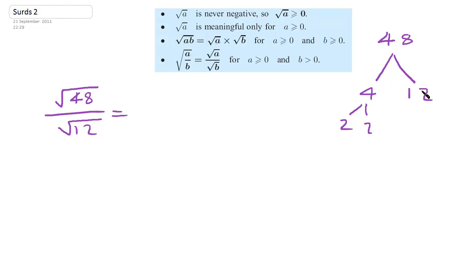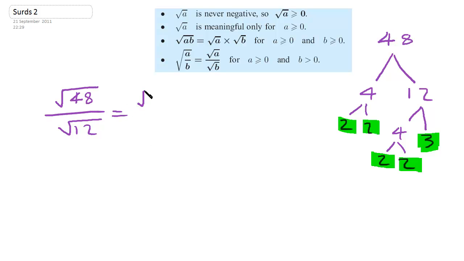Remember 4 times 12 is 48. 12 is the same as 4 times 3, and 4 is 2 times 2. So we can see that 48 will be just all these numbers times together. 2 times 2 times 2 times 2, so 2 times 2 is 4, times 2 is 8, times 2 is 16, times 3 will give you 48.